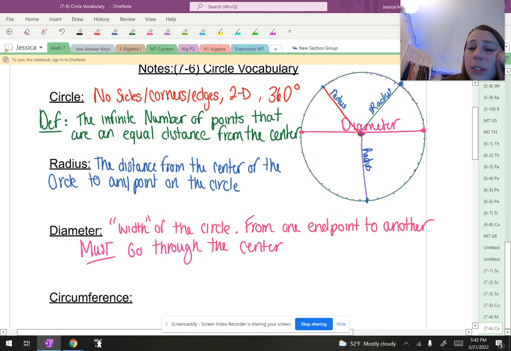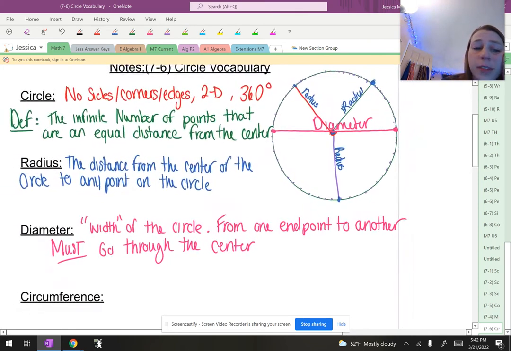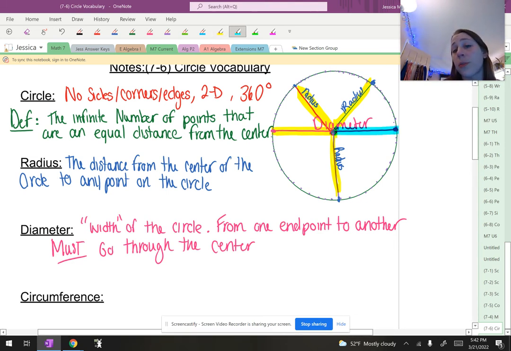So you might be noticing that we need to take a look at the relationship between a radius and a diameter. To draw my diameter, I went from one endpoint to the middle, and then from the middle to the other endpoint. Well, we already decided that from one endpoint to the middle, that was called a radius, right? Each one of these is a radius. And essentially, this one also is a radius, right? All of those are the same length.